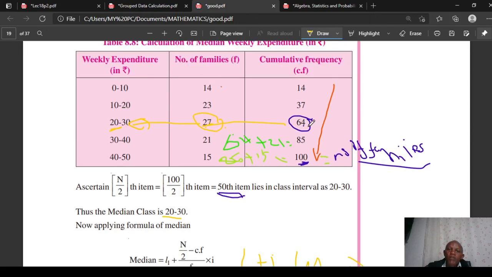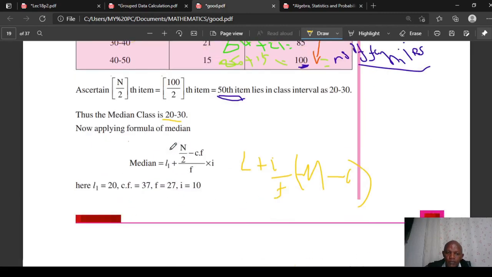What is the cumulative frequency preceding the median class? This is 37. 37 is the frequency preceding the median class, and we're just saying this is the median class of 20 to 30.